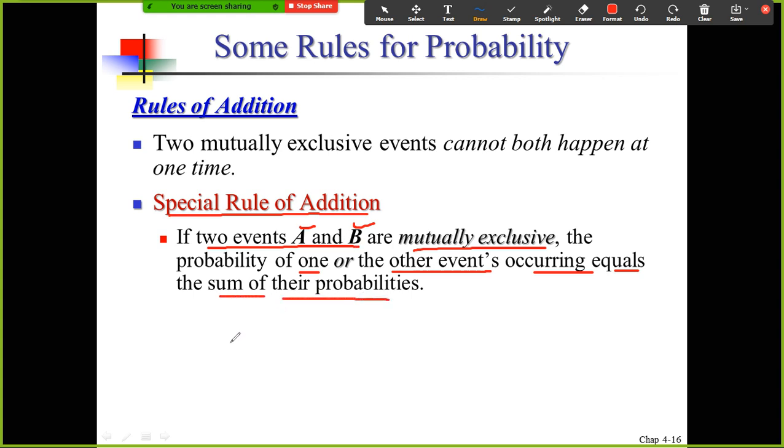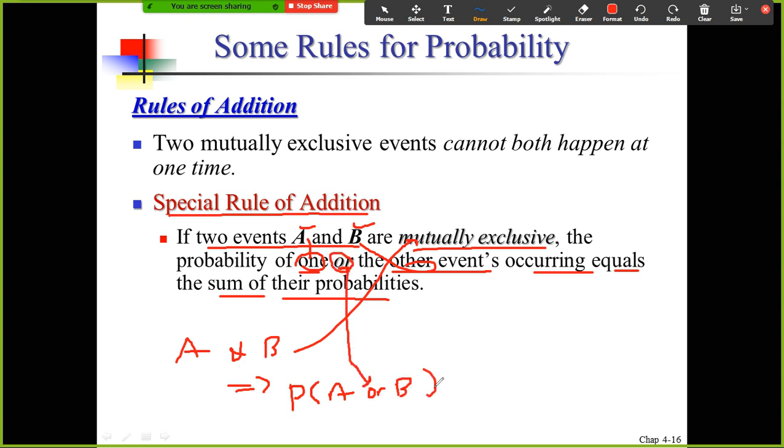It means if I have event A and event B are mutually exclusive, if I want to find the probability of one being A and the other one being B, we use "A or B".